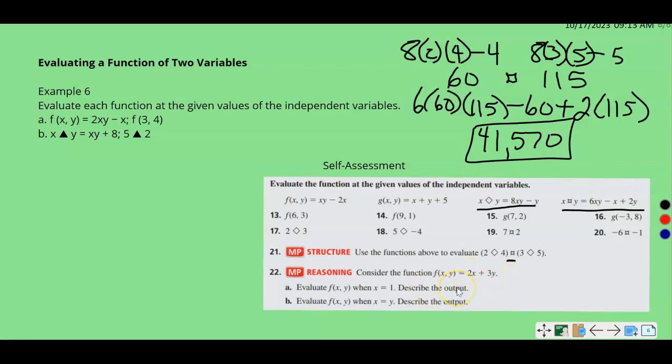That would be your output, so 2 plus 3y is the output, and that would be a function of y. To evaluate f of xy when x equals y, you would simply substitute y in for x. So you'd have 2y plus 3y, which equals 5y. So that would be 5y, and the output is a function of y as well.